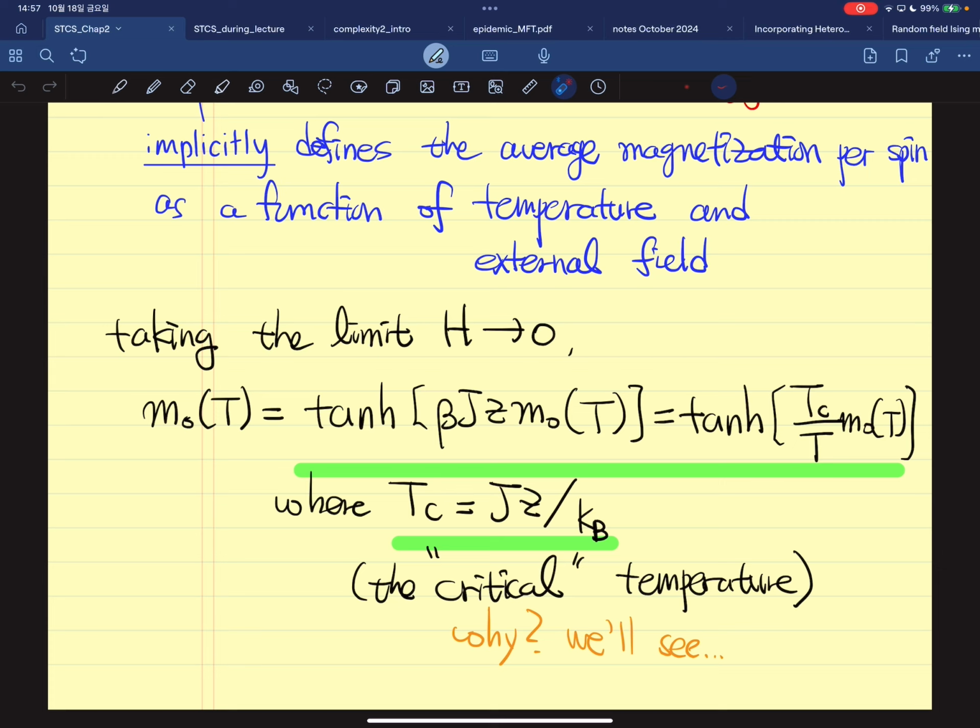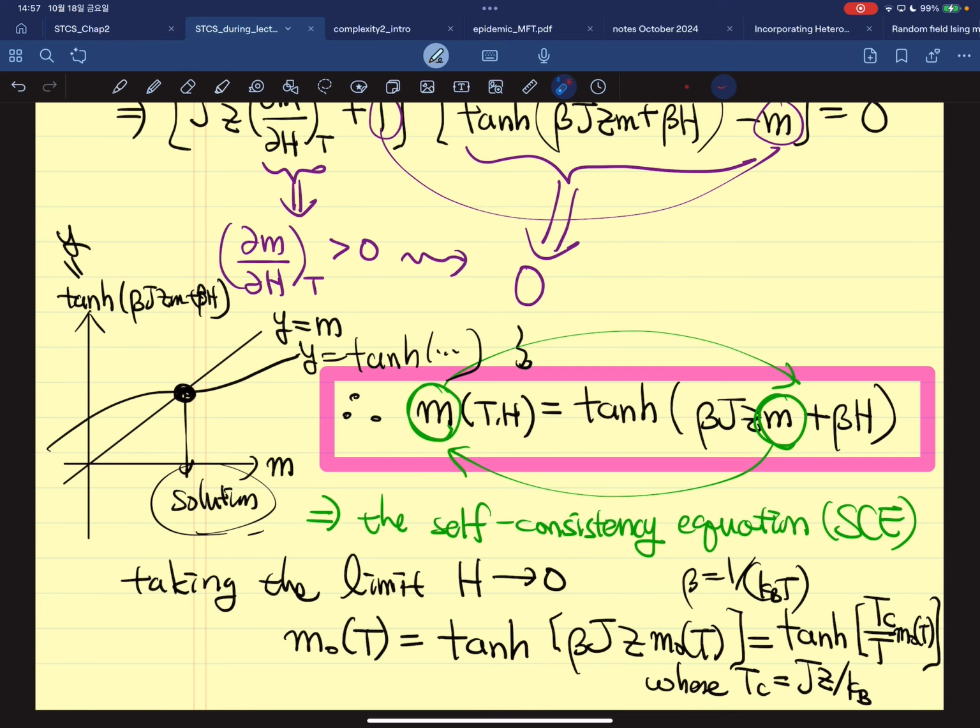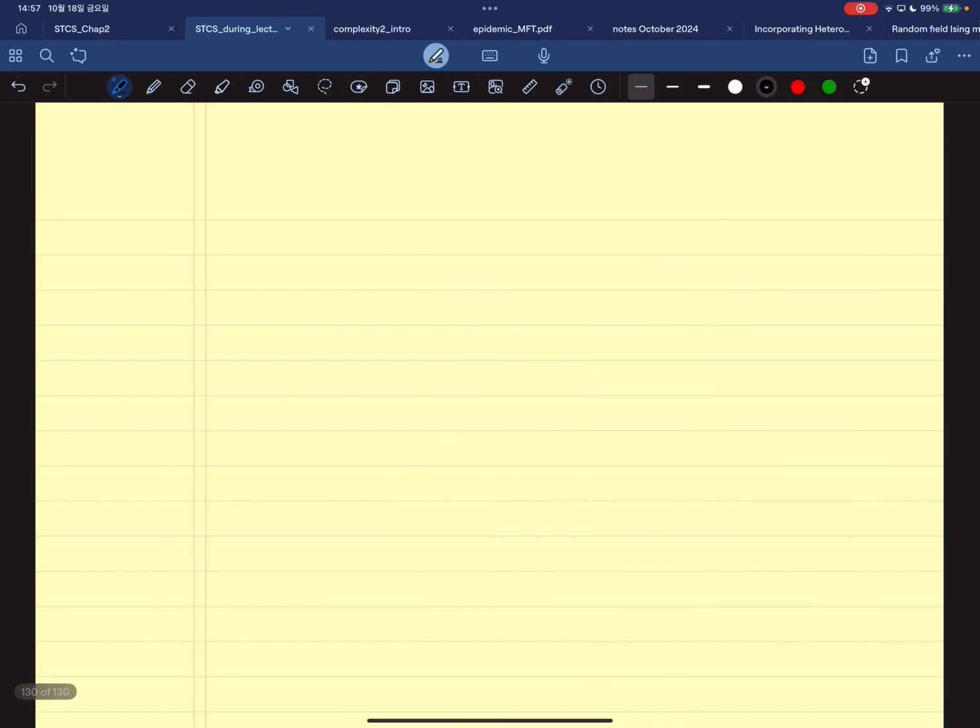And depending on the temperature, if temperature is larger than Tc, this one becomes less than 1. And if temperature is smaller than Tc, this one becomes larger than 1. So what we are dealing with is that we can simply solve this x equal to hyperbolic tangent of ax form.